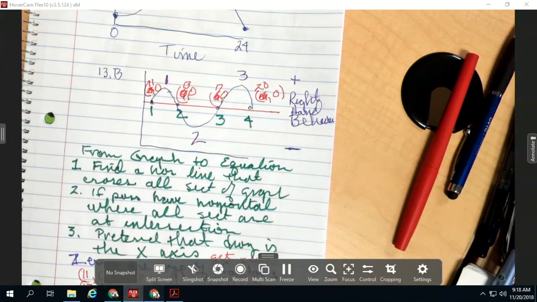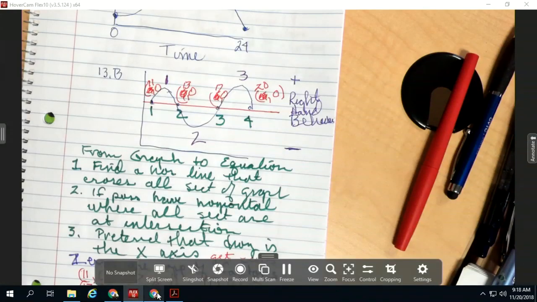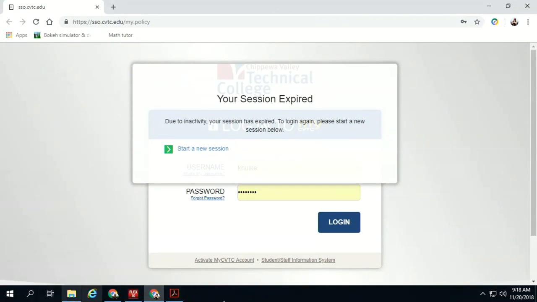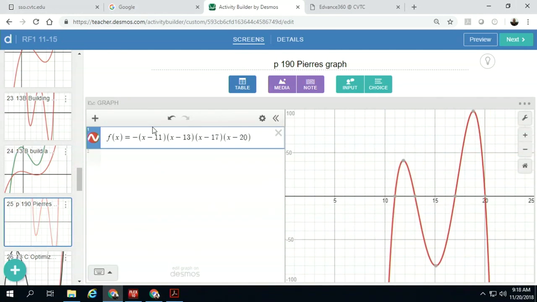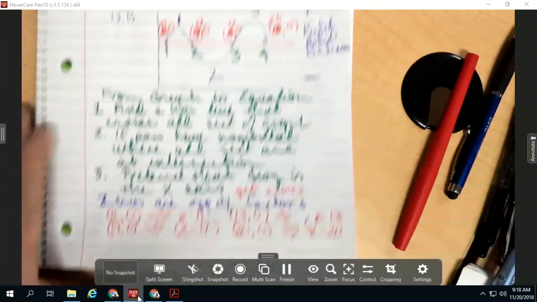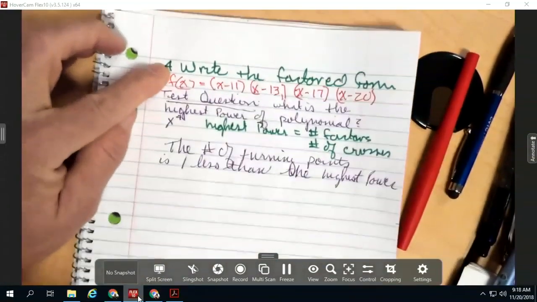So in Desmos, where'd it go? What happened to my... Oh, there it is. In Desmos, if we put a negative in front, do you see what happened? So, we are up to how to graph step 1, 2, 3, 4, right?